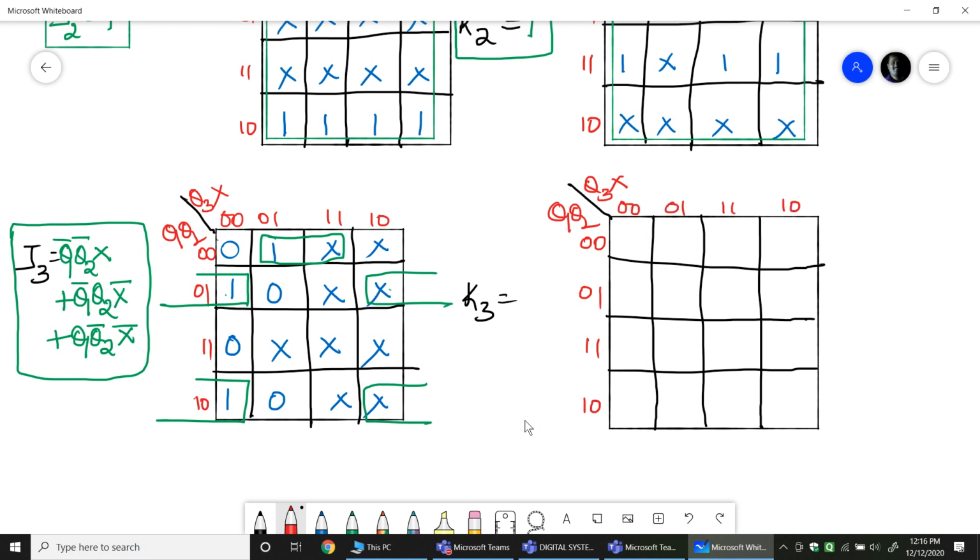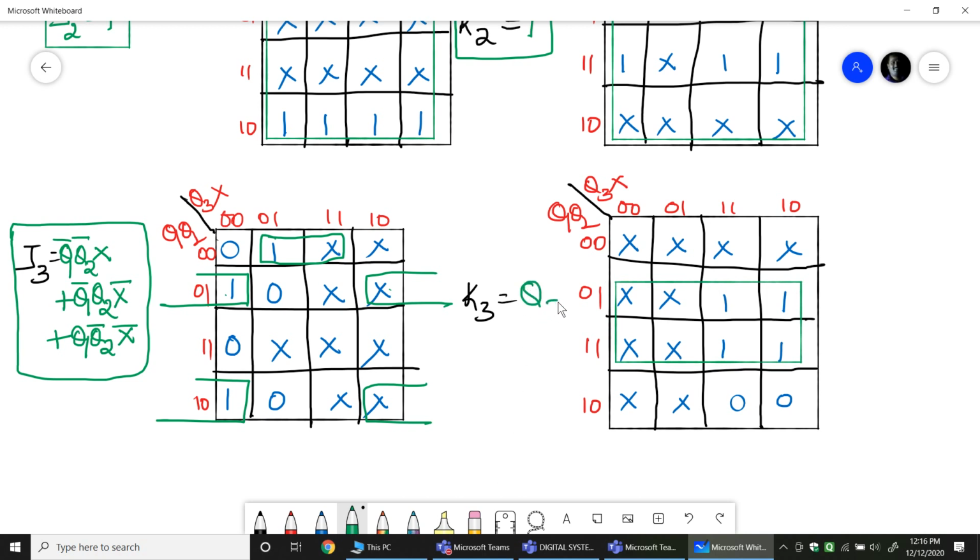So therefore, if you enter the details by looking into the table, I will be getting X, X, X, X, X, X, 1, 1, then X, X, 1, 1, then X, X, 0, 0. So this is what you get. Therefore, I can group all these 8 bits together. So therefore, I will end up getting K3 equal to again Q2.